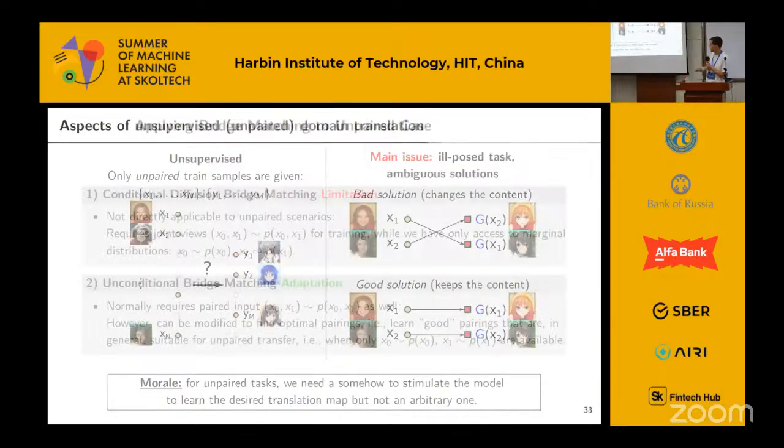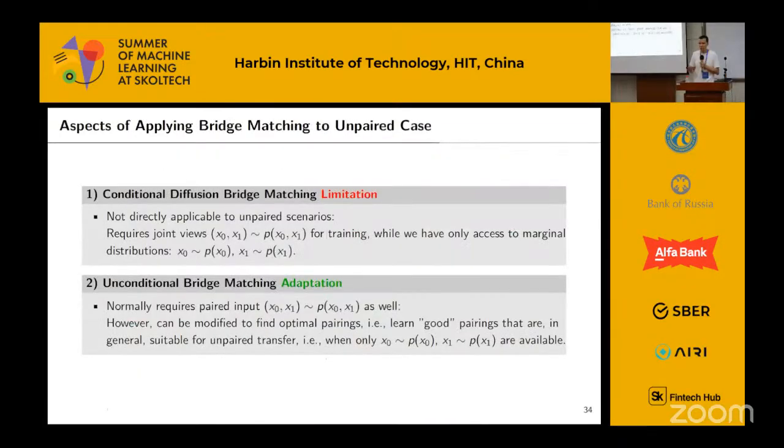The question is, how can we apply bridge matching to solve the unpaired translation problem? First of all, conditional bridge matching models. Can they be applied? Well, no, as we already discussed, because in conditional bridge matching you need to have pairs. Here in the unpaired setting, you do not have pairs, so you cannot apply the conditional model, unfortunately. Secondly, unconditional models.